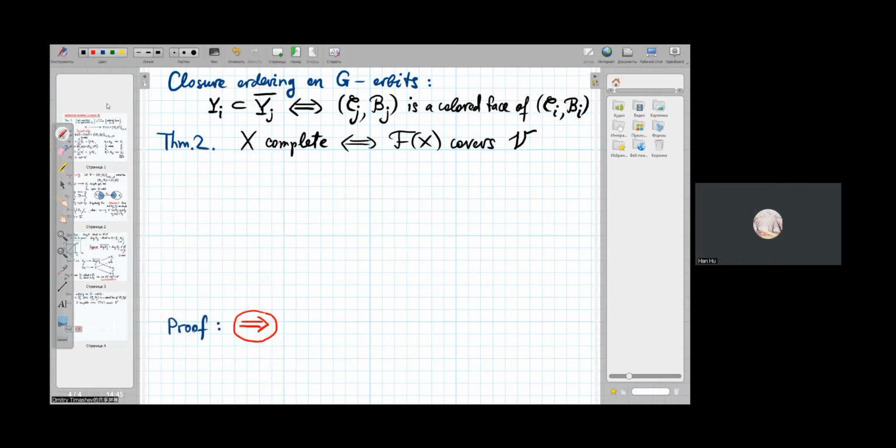This means exactly that the union of all cones in this fan over all G orbits in X contains, maybe is equal to, contains the valuation cone. This is exactly what I mean by covers.